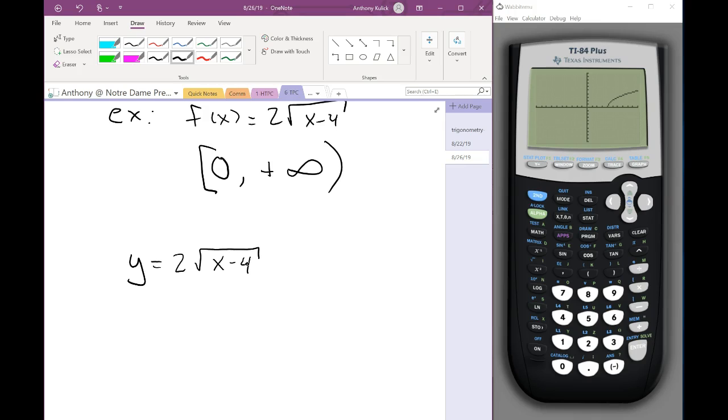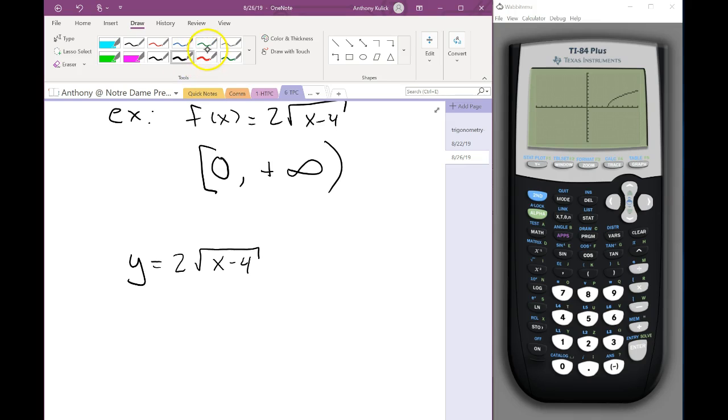What I'm going to do instead is start by getting the x by itself, and then analyze what I have after that. So there is no swapping the x and y variable when we're looking for a range, but I am going to just get the x by itself, like we would have done when we found inverses last year.